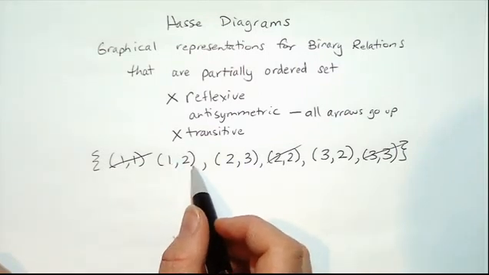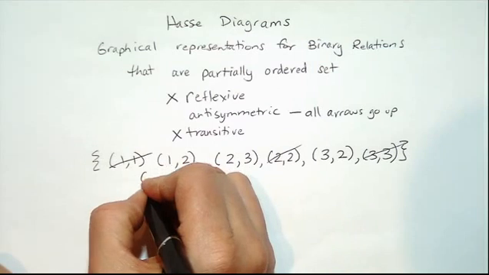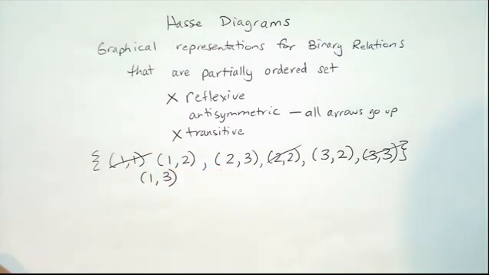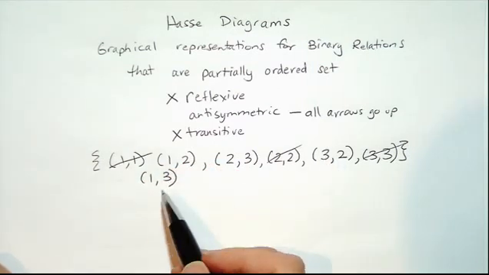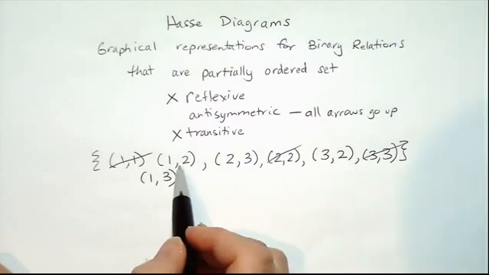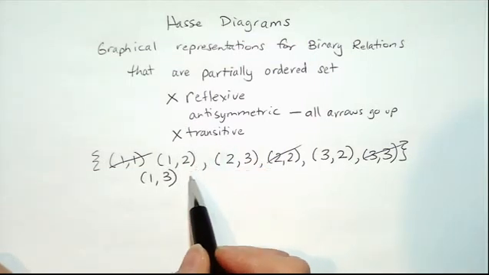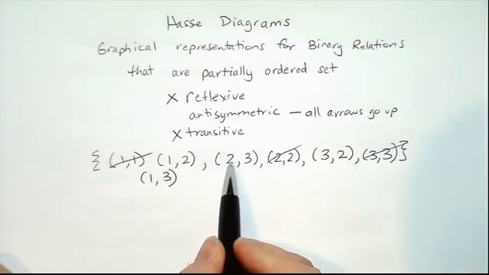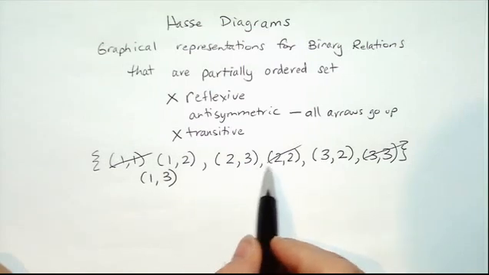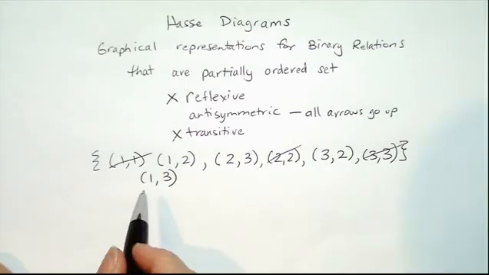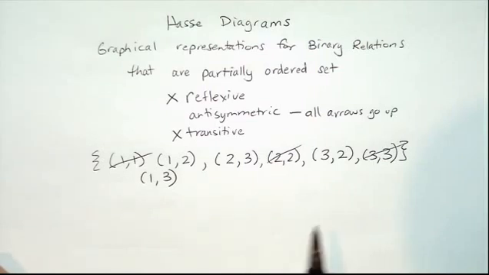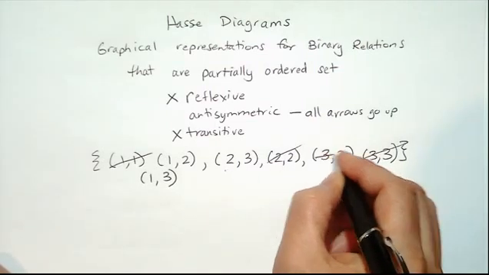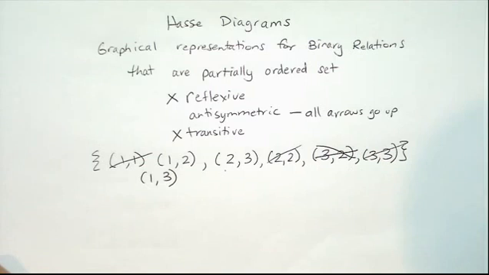And we have 1 to 2 and 2 to 3, so that means we have to have 1, 3 in there for transitive. And we have 1 to 3 and 3 to 2, so I have to have 1 to 2, so I have that. I have 2 to 3 and 3 to 2, I have 2 to 2, that's fine. And that is transitive. So I have a reflexive, antisymmetric, and transitive relation.